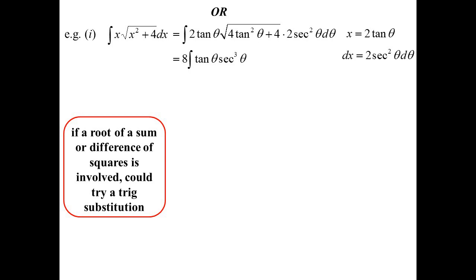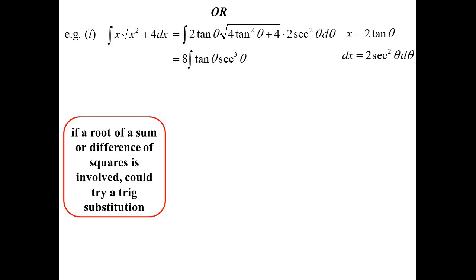I actually now have derivative times function because the derivative of tan is sec squared. Hang on, that leaves me with a sec. No. The function is the sec because the derivative of sec is sec tan.